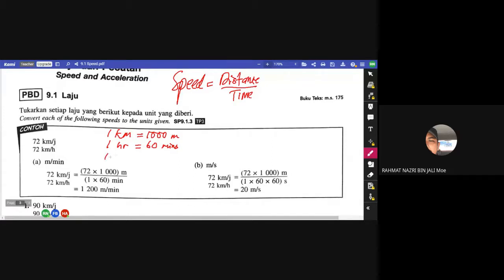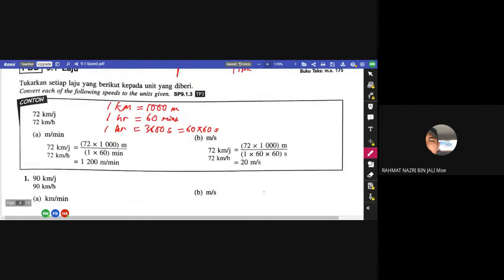Because 1 hour is equal to 3600 seconds, or equal to 60 multiplied by 60 seconds. So we get the answer 20 meter per second. This is example.